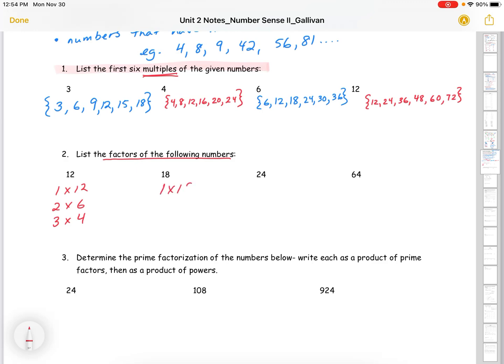For 18, 1 times 18, 2 times 9, 3 times 6. And then let's just think, is 18 divisible by 4? Well, let's try it. 18 divided by 4, I get 4.5, so it doesn't work. I also know 18 is not divisible by 5 because it doesn't end in a 5 or a 0.